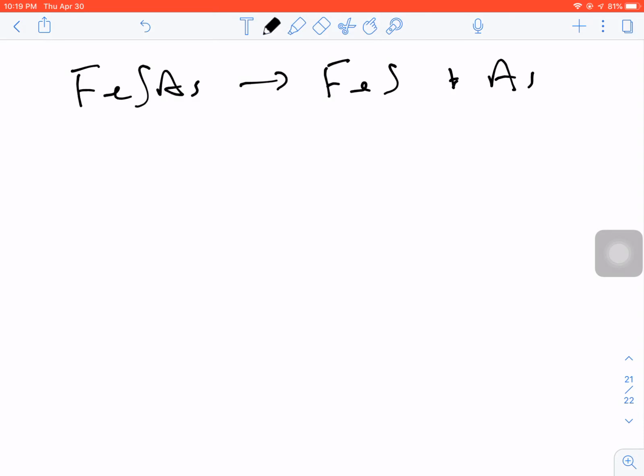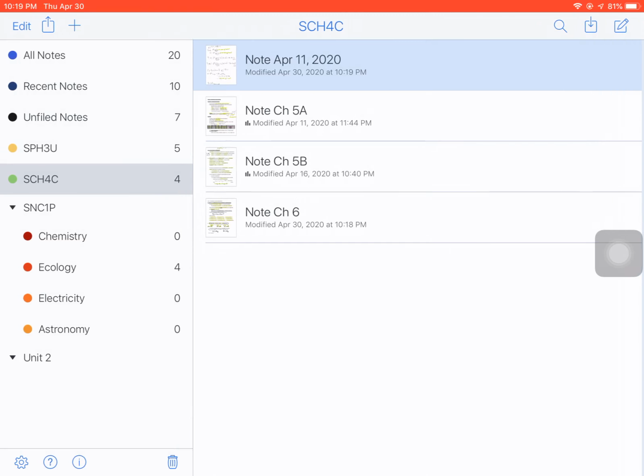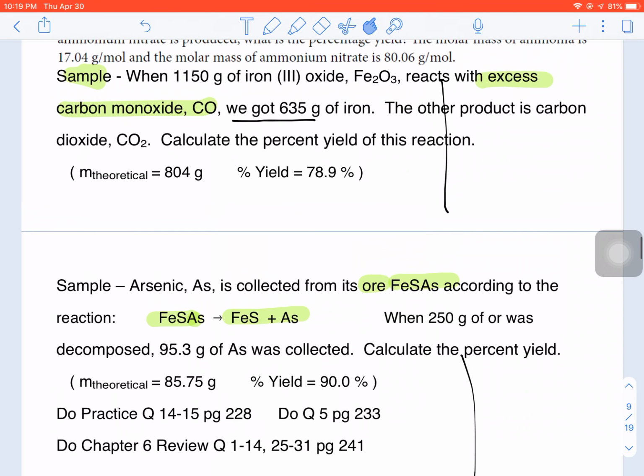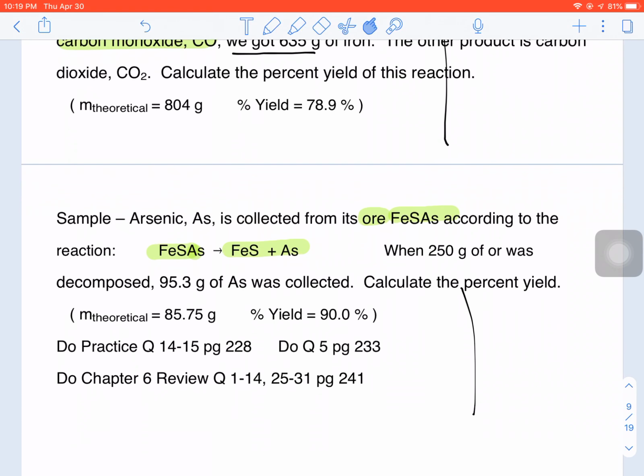Now, nice thing about this is it's already balanced. If I've read the question correctly, FeSAs gives me FeS plus arsenic. Okay, there was our last question that told us we were supposed to get 804 grams and we had a yield of 78.9%. Okay, let's continue on with this question.